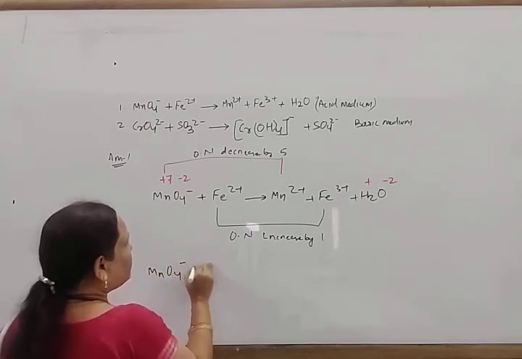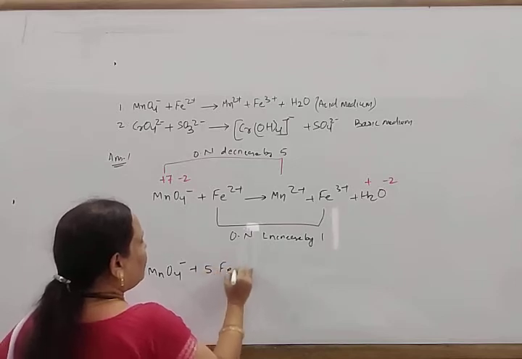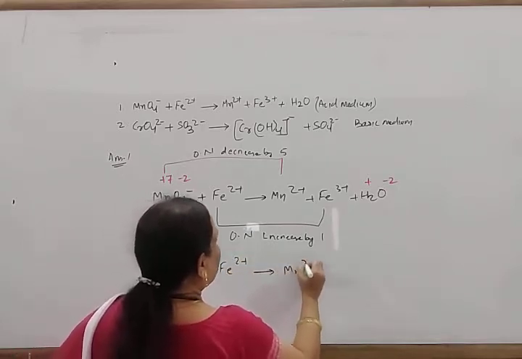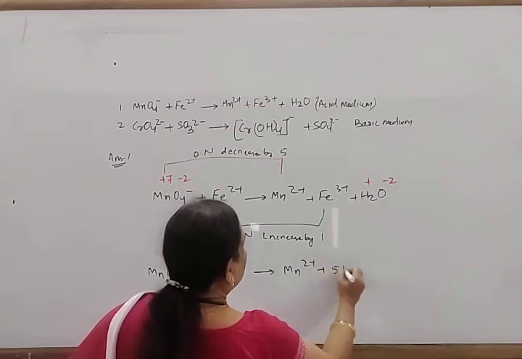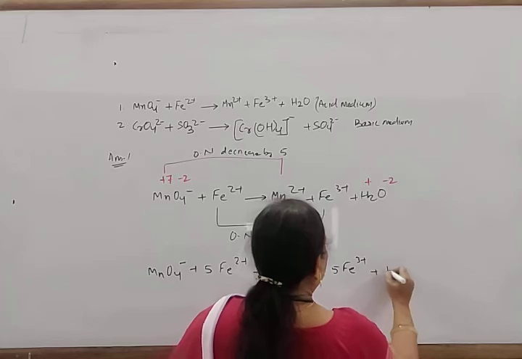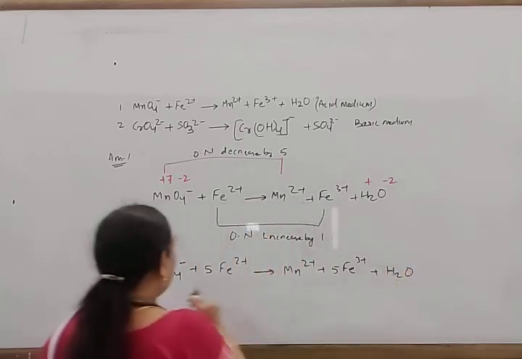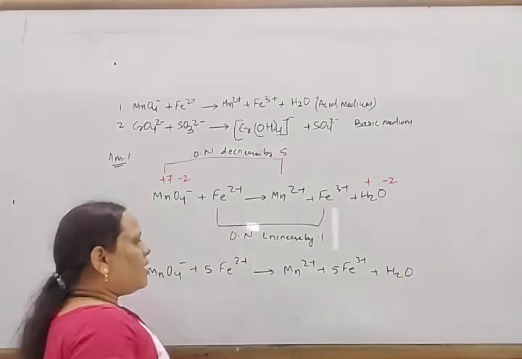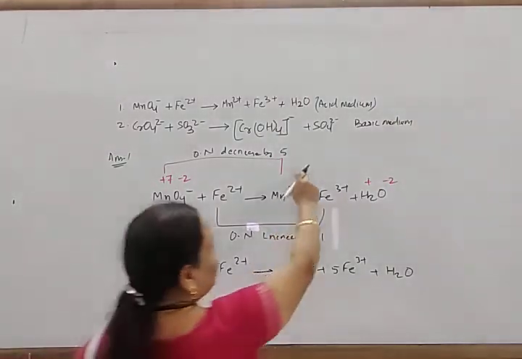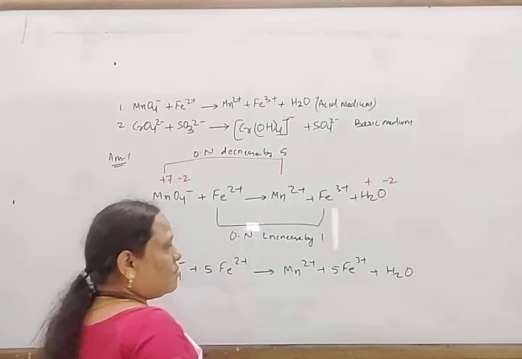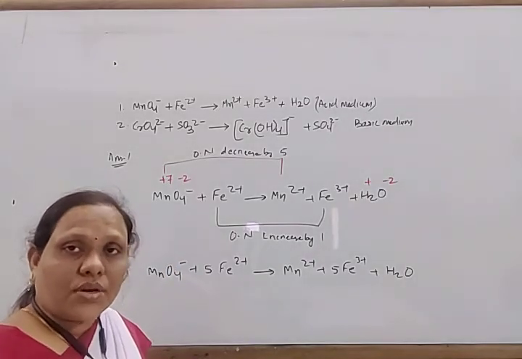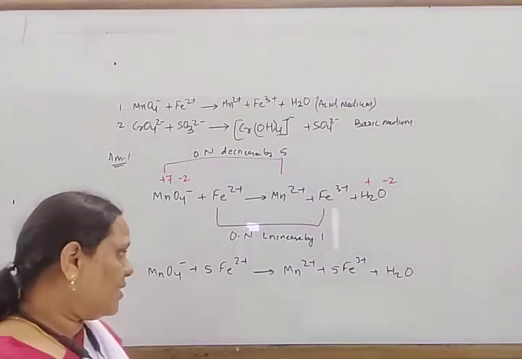So MnO4 minus plus 5Fe2 plus gives Mn2 plus, 5Fe3 plus, H2O. Now except hydrogen and oxygen, all atoms are balanced. It is given in acid medium. In acid medium, to balance oxygen add water molecules where it is deficient.